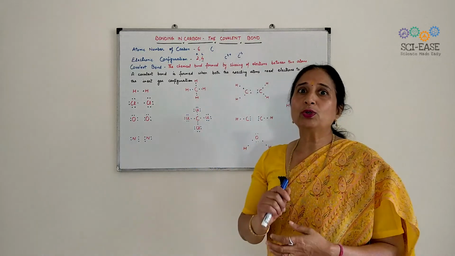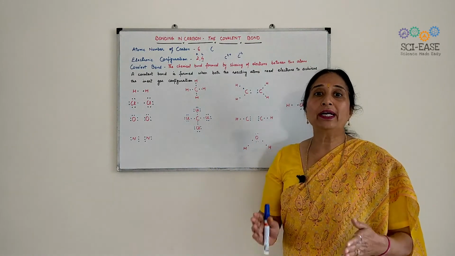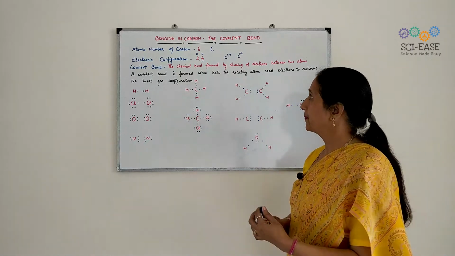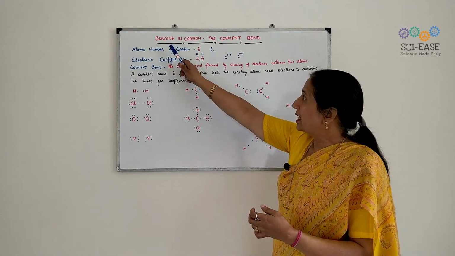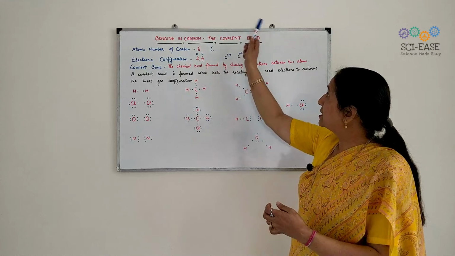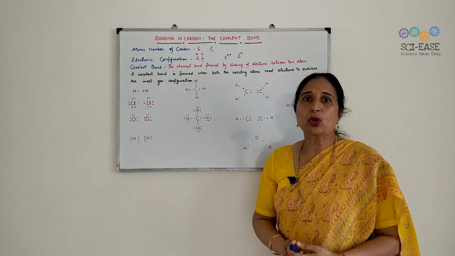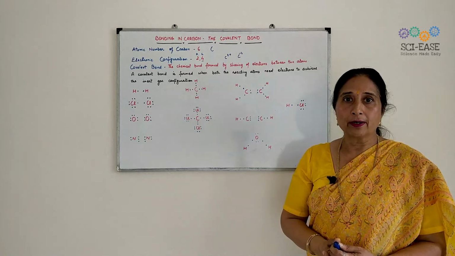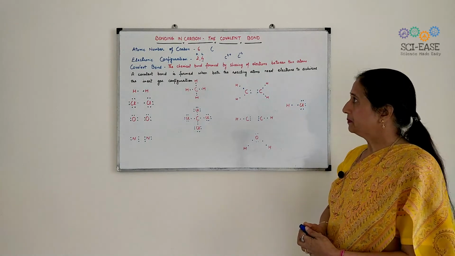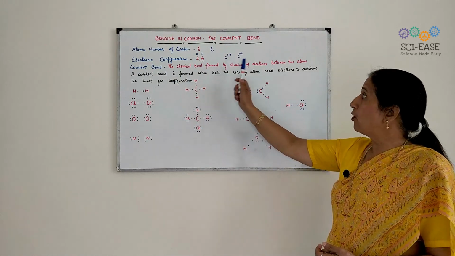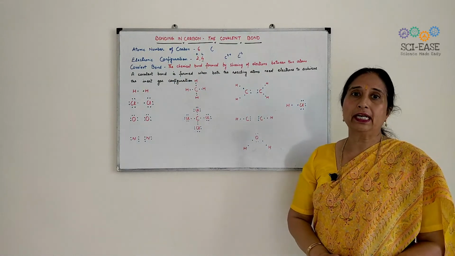So I want to tell you about what covalent bond is. My topic is bonding in carbon as well as the covalent bond. I want to tell you how this bond is formed in other elements also. Covalent bond is the chemical bond formed by sharing of the electrons.